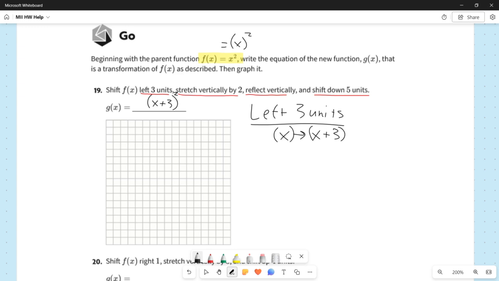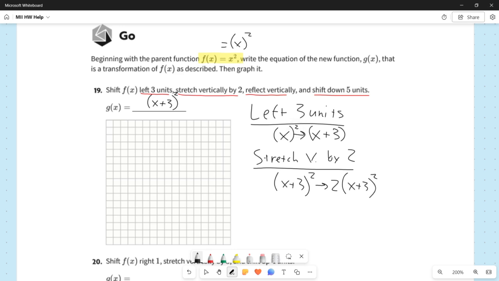The next piece is stretch vertically by 2. So when we stretch vertically by 2, we take our new input, which is essentially this x plus 3, and we're going to slap a 2 in front.